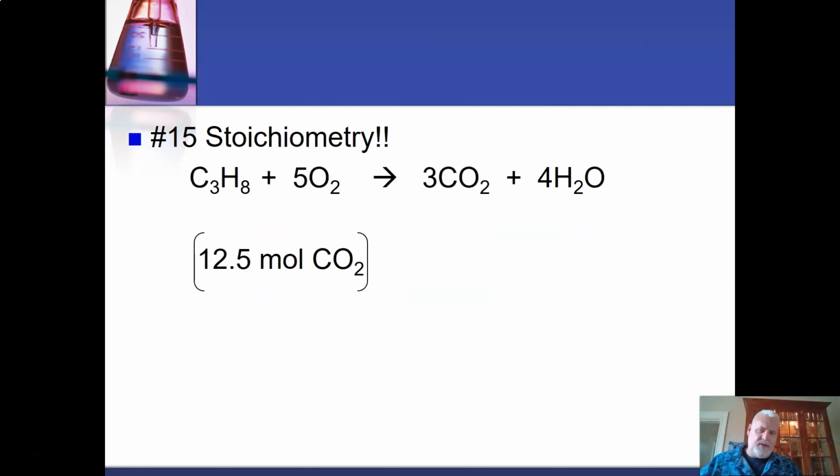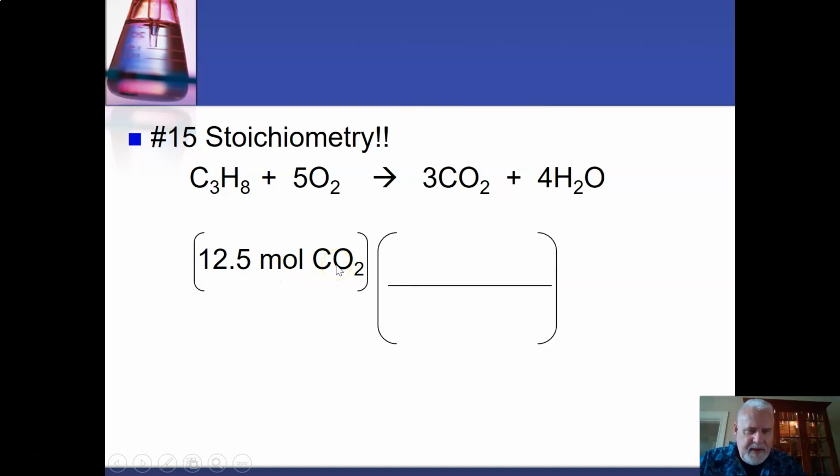Now, I want to walk you through this because there's a handful of us that were flip-flopping the mole-to-mole conversion. Now, if you do this right, it's very difficult to make a mistake because moles of CO2 were what were given for you, and guess what goes on the bottom here? Moles of CO2. So you should not be flip-flopping those. You have to have that in order for those to cancel out.